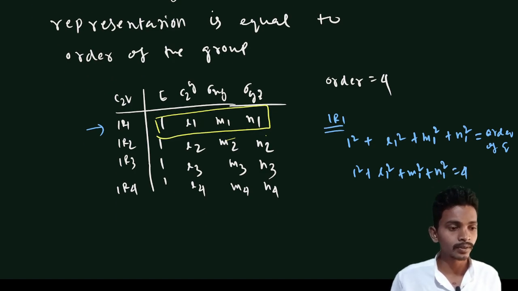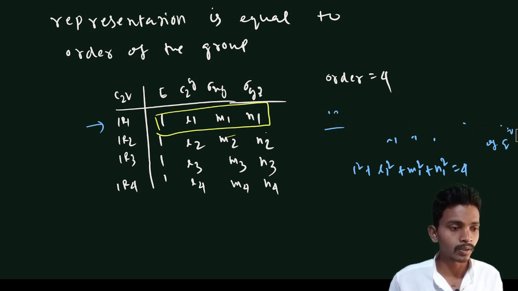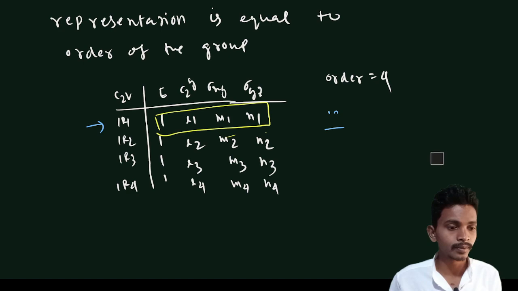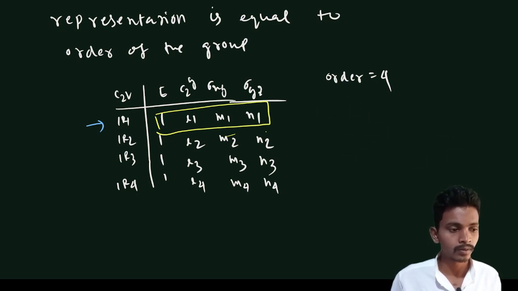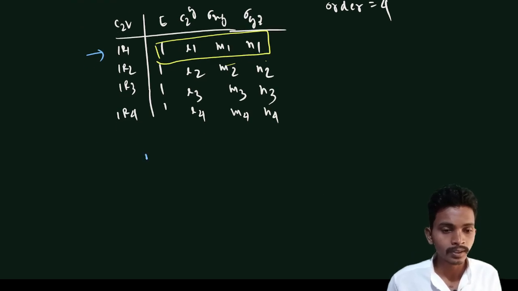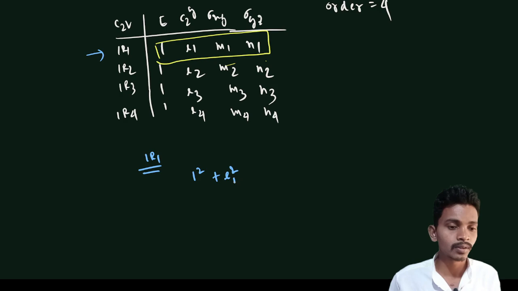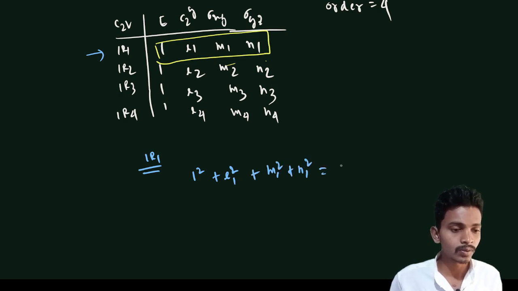It may not be visible, so I will write it here. For IR1, the irreducible representation gives 1 square plus L1 square plus M1 square plus N1 square, which equals the order of the group.